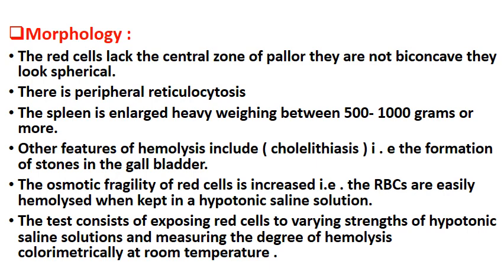What does that mean? That means red blood cells are easily hemolyzed when kept in hypotonic saline solution. This test consists of exposing the red blood cells to varying strengths of hypotonic solution, comparing to the normal, and measuring the degree of hemolysis colorimetrically at room temperature.